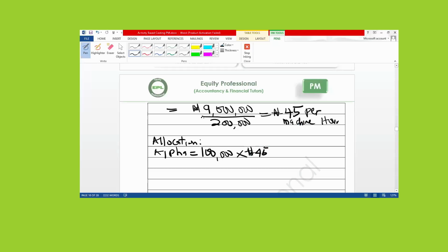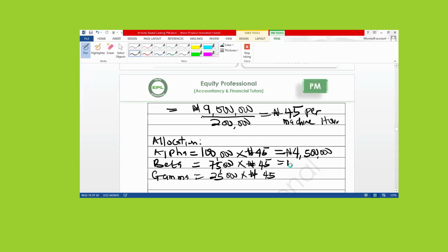Go to beta: total machine hours required 75,000 at 45 naira per machine hour. Go to gamma: total machine hours required 25,000 multiplied by 45 naira per machine hour. How much here? 4.5 million.